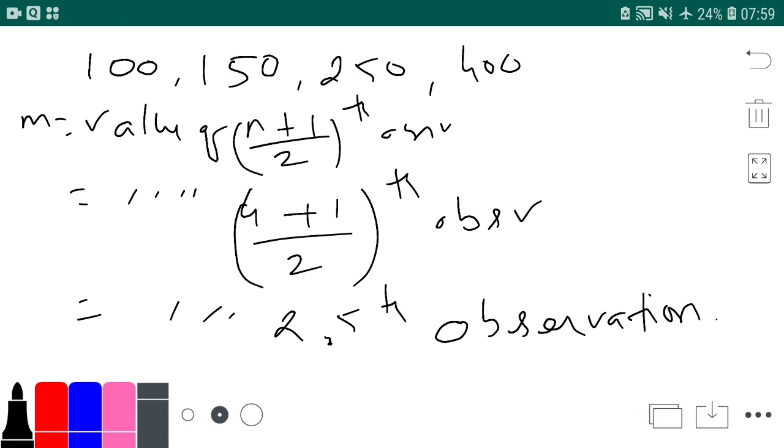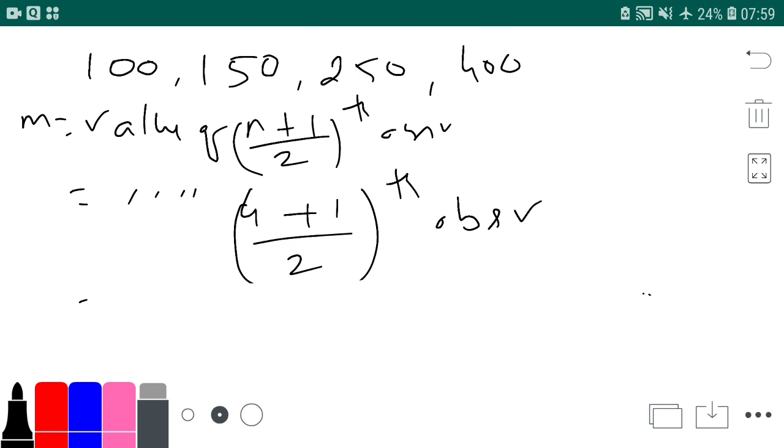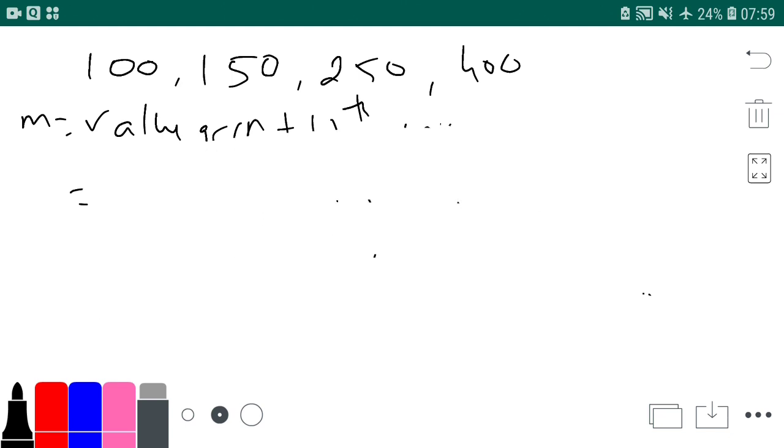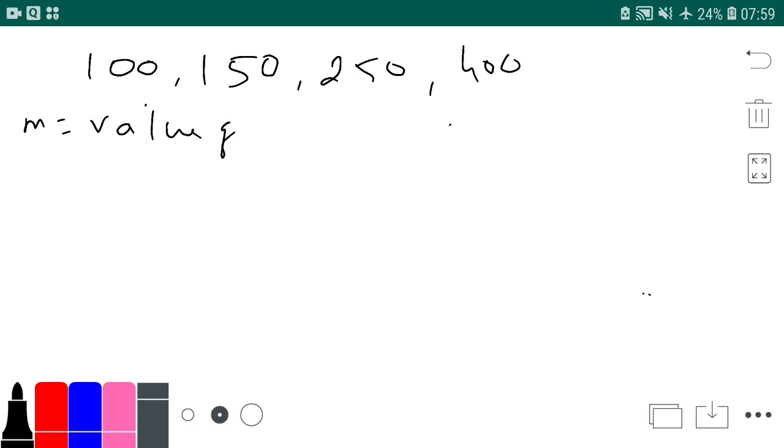Now how will I find this observation? So M is equal to the value of the 2.5th observation.